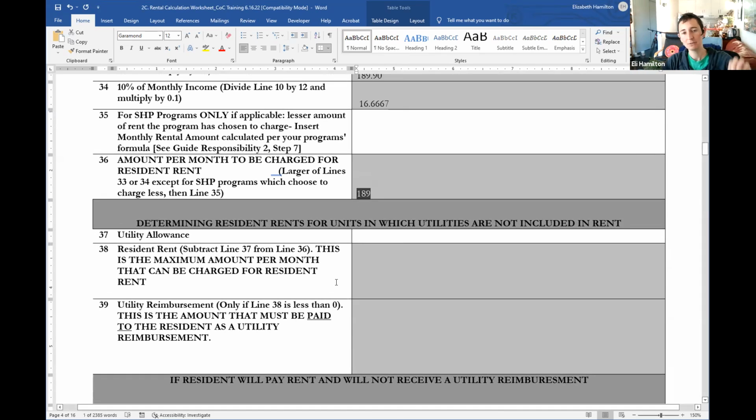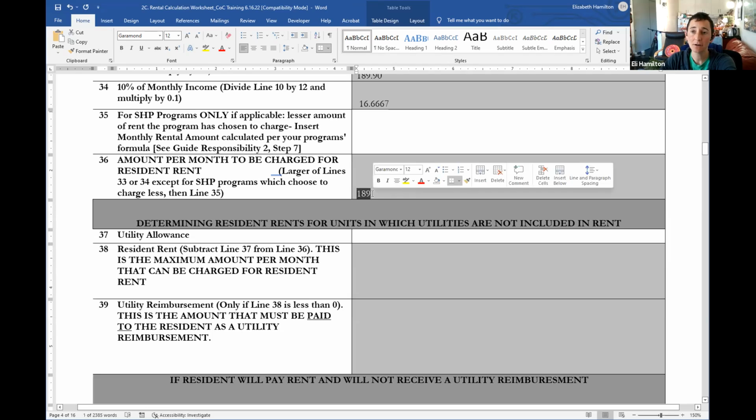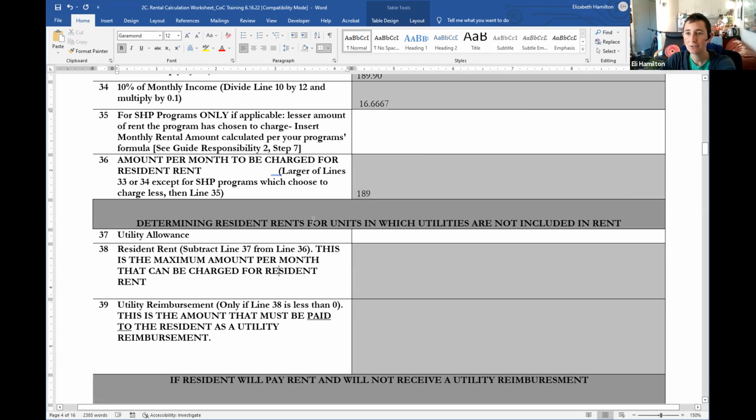And just to put a point on it, say the monthly rent that the client should be paying is $189, but none of the utilities are included in the rent and the utility allowances are really high, so the utility allowance actually comes to 220. If we have a utility allowance of $220, but the person should only be paying a maximum of $189, that means that the project actually has to be paying the participant that utility allowance.